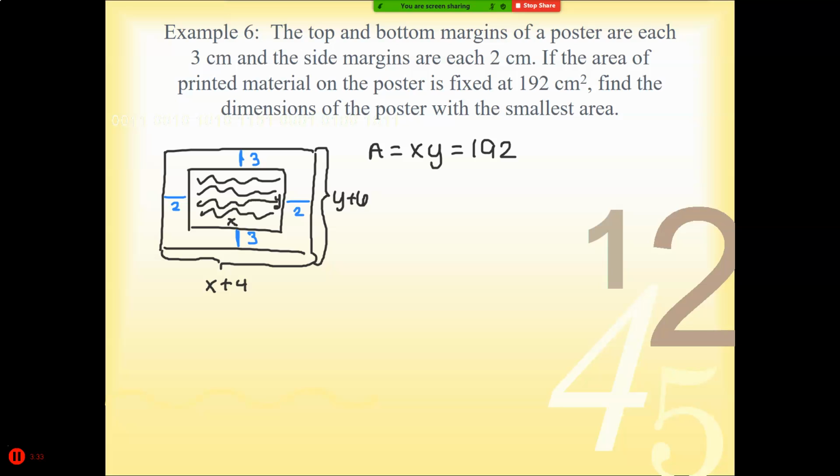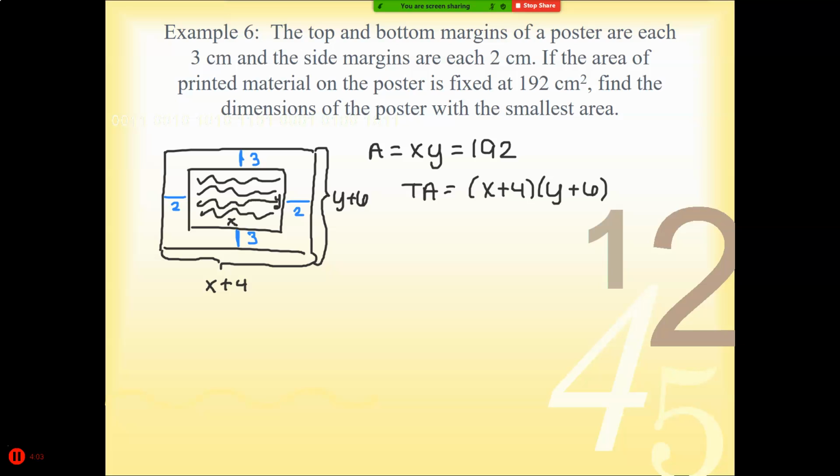So that means the total area of the poster that we are trying to minimize would be x plus 4 times y plus 6. So the total area, or the area we are trying to minimize, is that x plus 4 times y plus 6. So once again, we're going to use our one formula to substitute in to another formula.